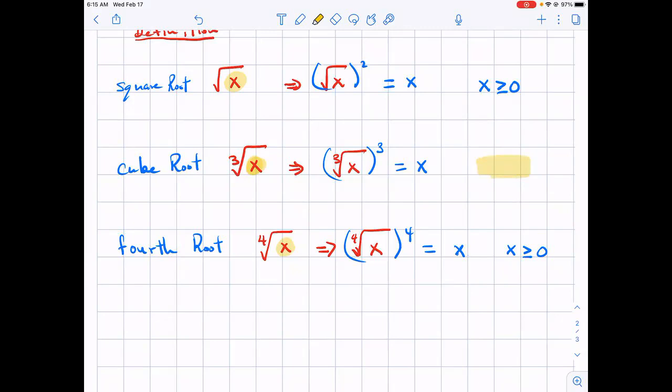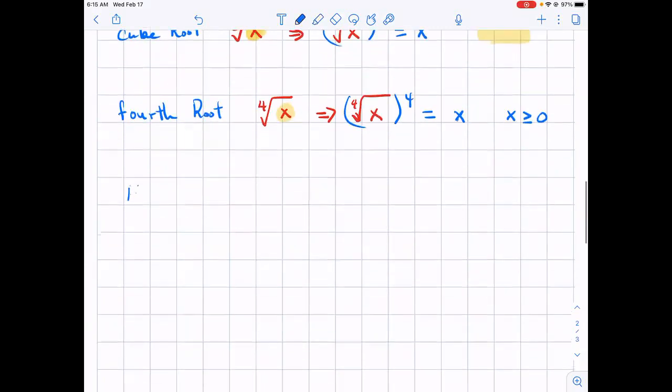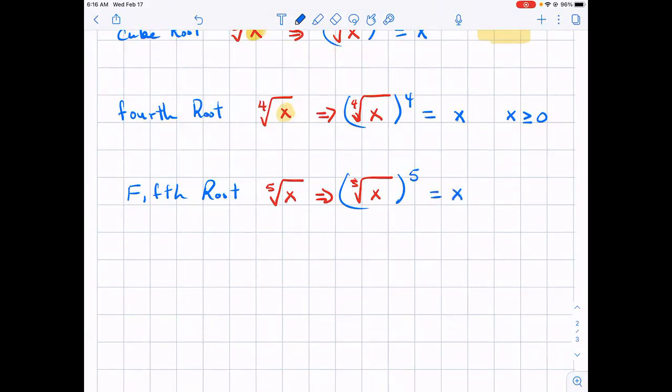And you will see the same thing for the fifth root. If we have the fifth root, we can have any number. The fifth root of x, and if we raise that to the fifth power, that will be equal to x.